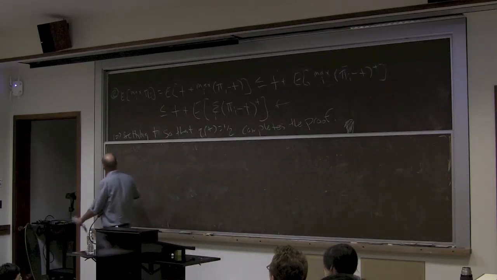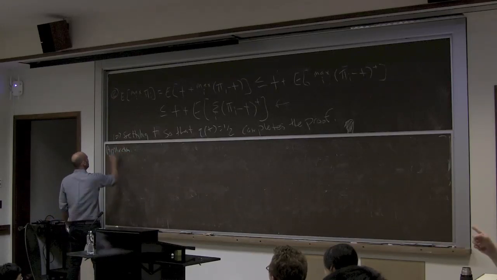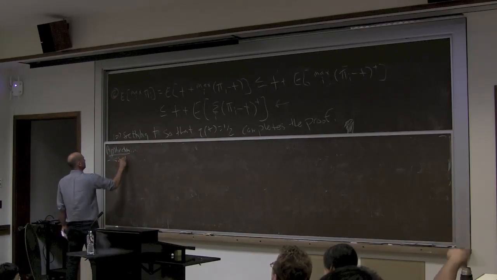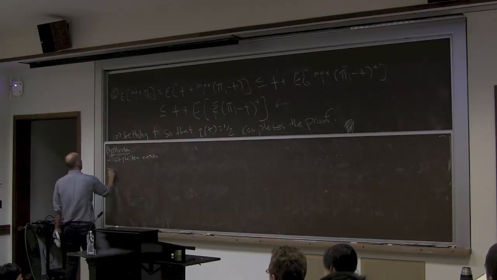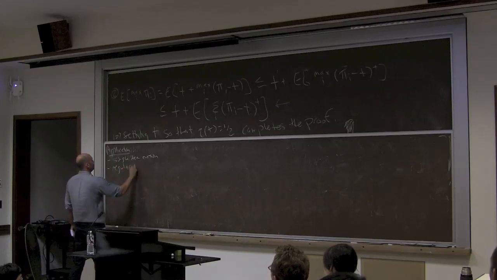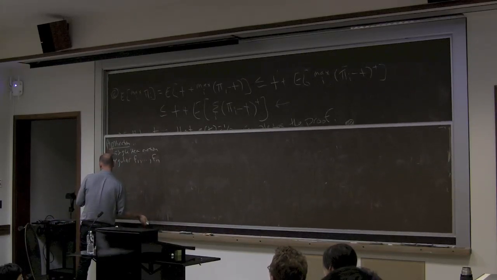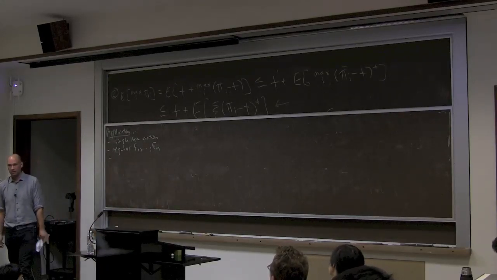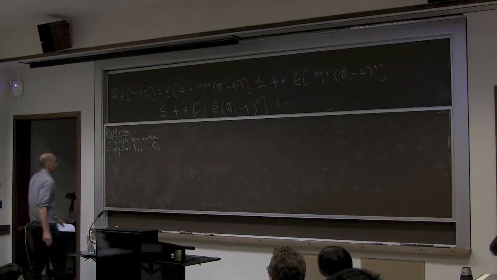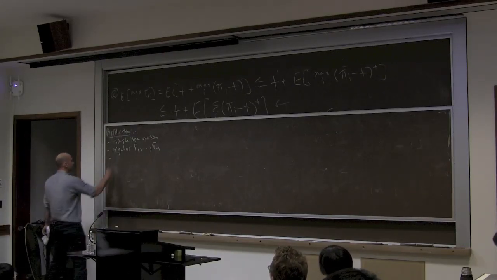Okay, application. So single item auction, regular, not necessarily identical distributions F1 through Fn. Here's the idea: I'm going to connect this to the Prophet inequality almost immediately.